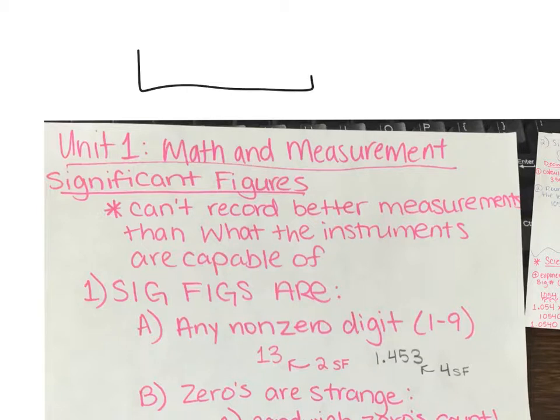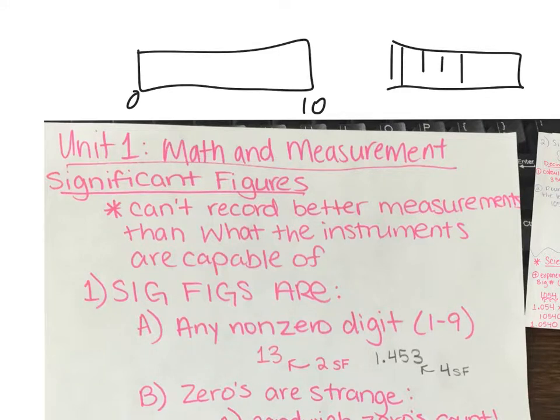So you had a ruler that looked like this, that went from 0 to 10. And then you had a ruler that looked like this with little digits all the way down. And so now you're able to say something like 3.2, and you had to estimate that last digit. And when you get even more lines, you do the same thing. Whereas this one, you could only say 3. So that was what we did in the POGL yesterday.